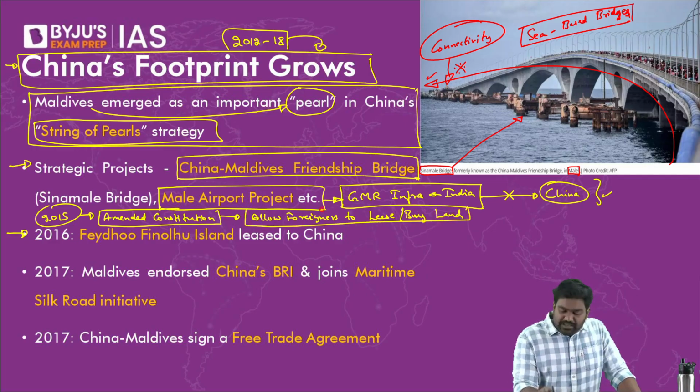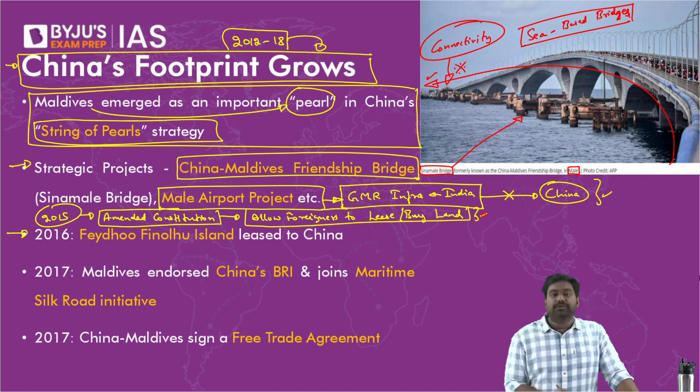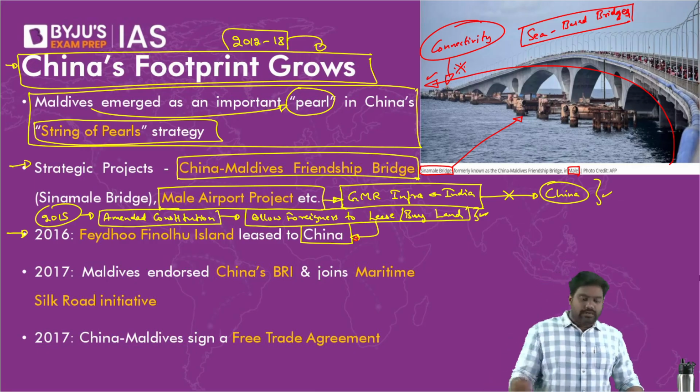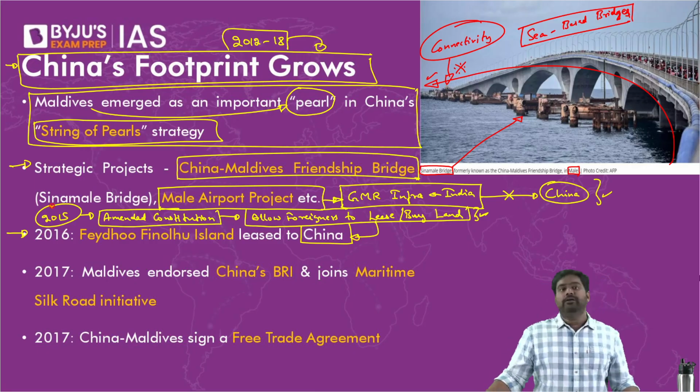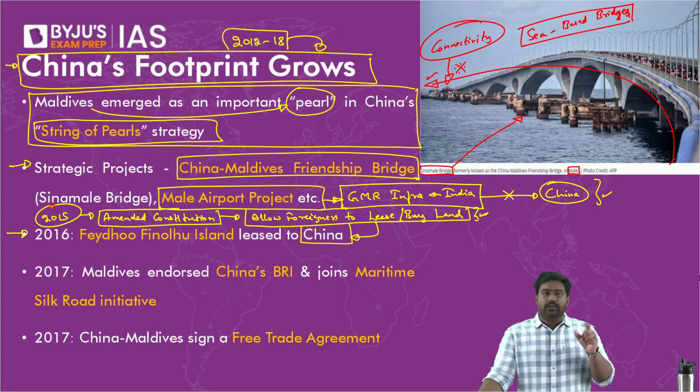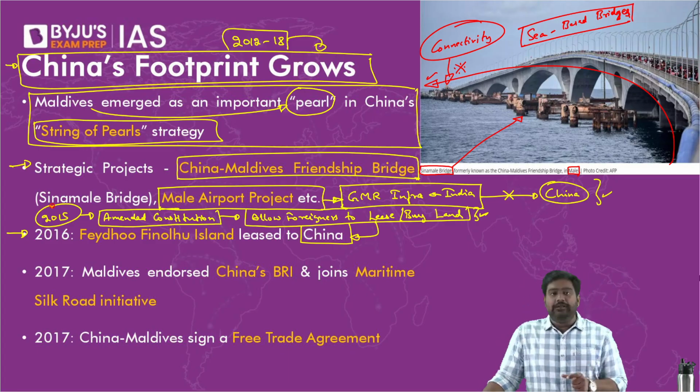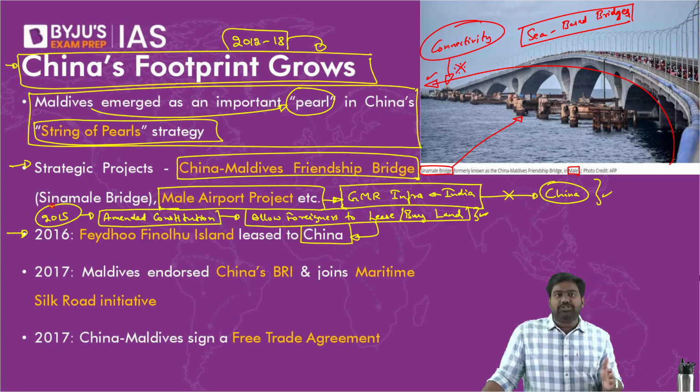Now, this was a very, very big step from Maldives, clearly designed to benefit China. Because Maldives, being a small country with very limited land, right, there's a constitutional protection for Maldives land. Previously, there was a protection that no foreigners can purchase land or lease land here. You can only rent it out.